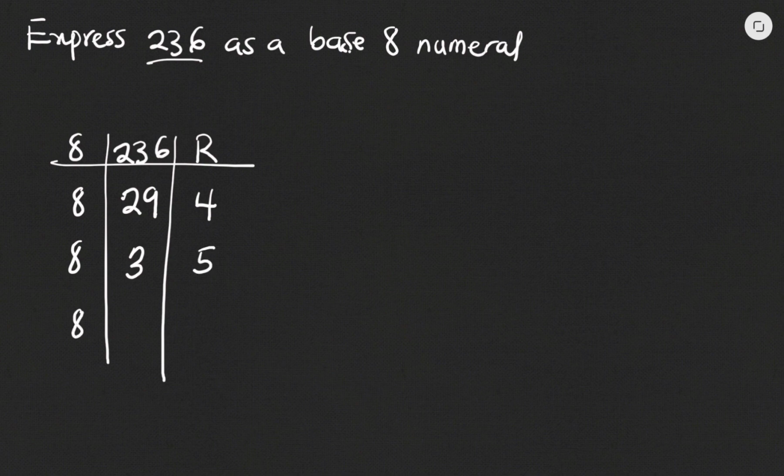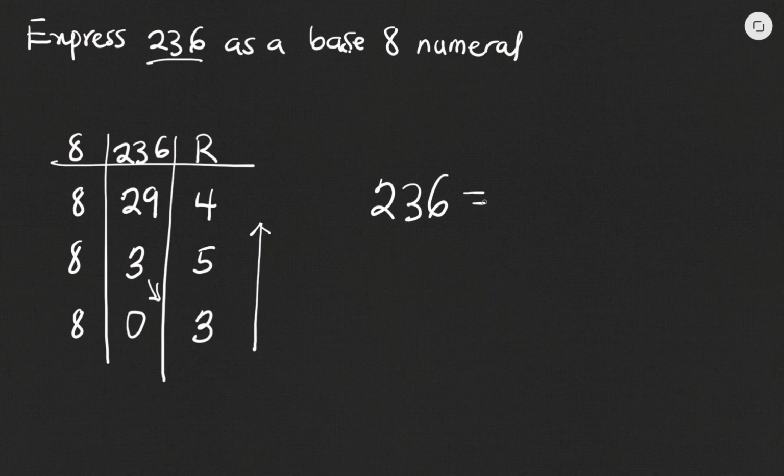Then I ask myself, how many times will 8 go into 3? It is impossible, so I write 0 here, and then I bring the 3 to the end over here. So my answer is from bottom up. So therefore it means 236 is equal to 354 in base 8.